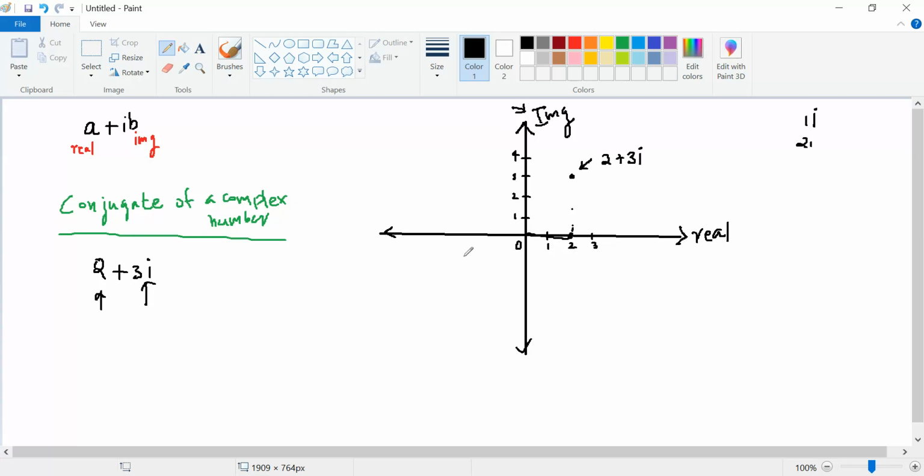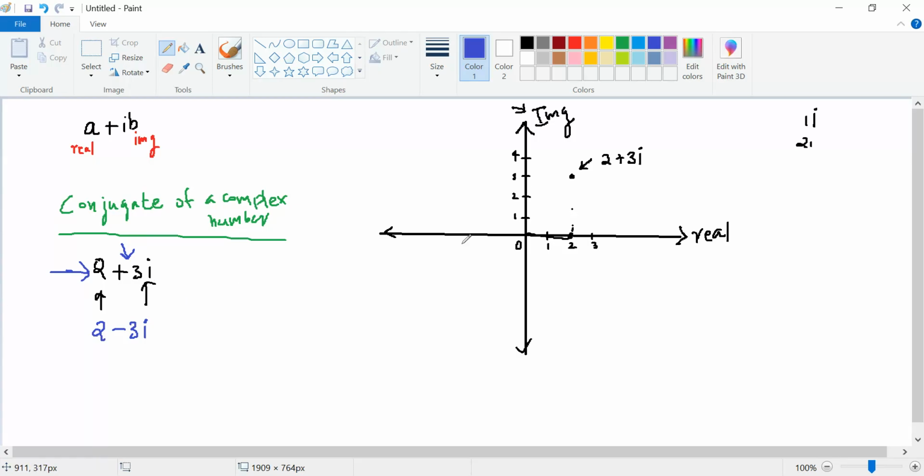അപ്പോൾ കോൺജുഗേറ്റ് എന്ന് പറഞ്ഞാൽ, to find the conjugate of a complex number, all we have to do is change the sign of the imaginary part. 2 plus 3i ആണെങ്കിൽ just make it 2 minus 3i. I am changing the sign of the imaginary part.